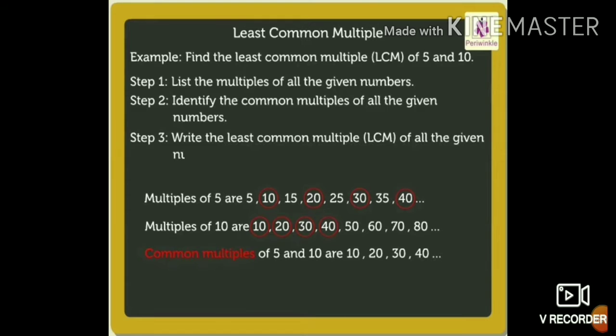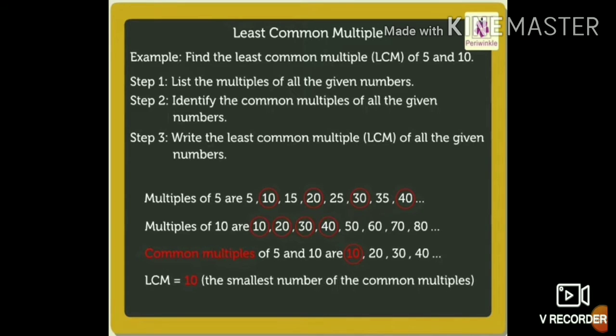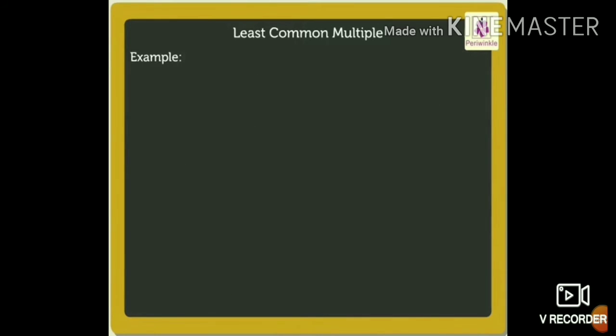Which is the very smallest? 10 is the smallest common multiple, and that is the LCM. This is the common method to find the LCM.